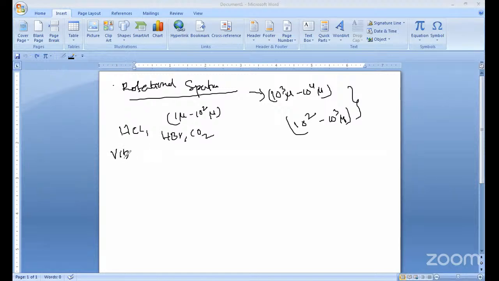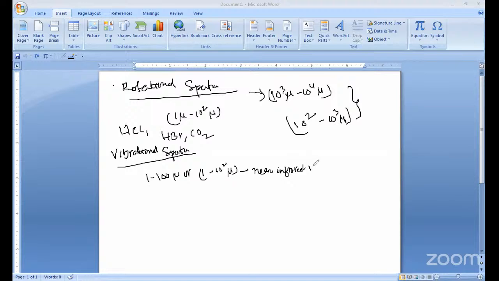As we know, this vibrational spectra is obtained in the range of 1 to 100 micrometers, or 1 to 10 to the power of 2 micrometers, which we call the near infrared region. In this region, we are able to get the vibrational rotational spectra, or vibrational spectra.